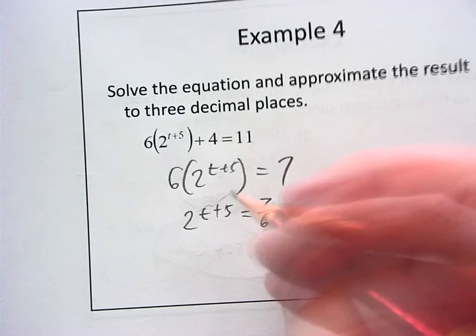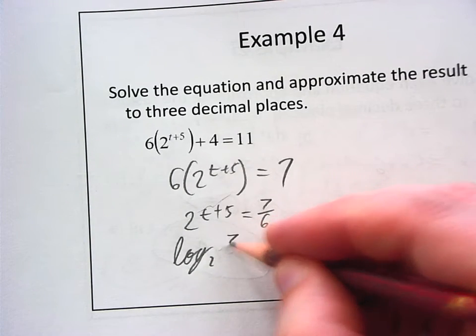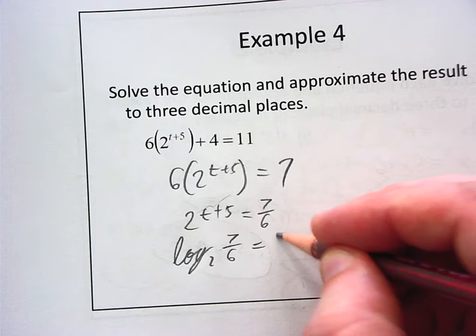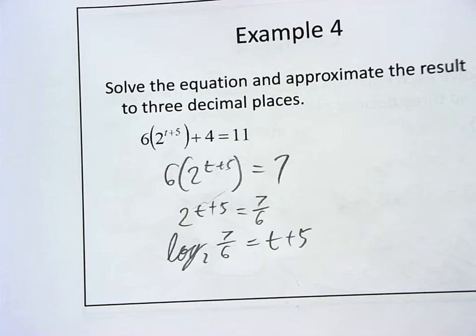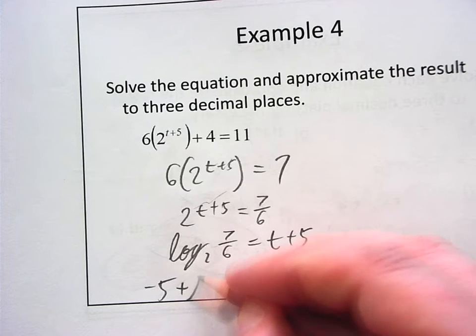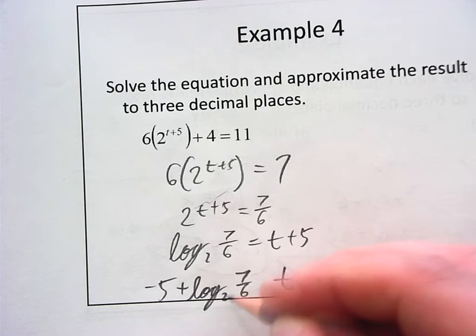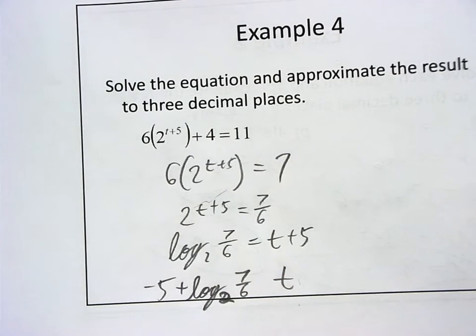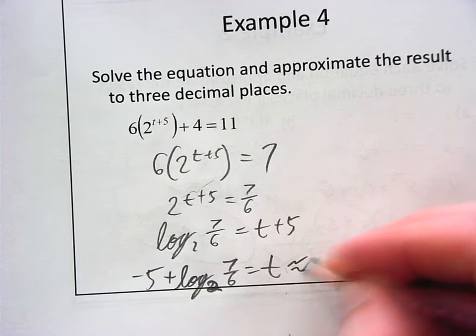Switch it to log form. It's going to be log base 2 of 7/6 equals t plus 5. Subtract 5. When I subtract 5, I'm honestly going to move it to the front, just so I don't think that it's included with the 7/6. It does ask for the decimal approximation, so punch it in a calculator.